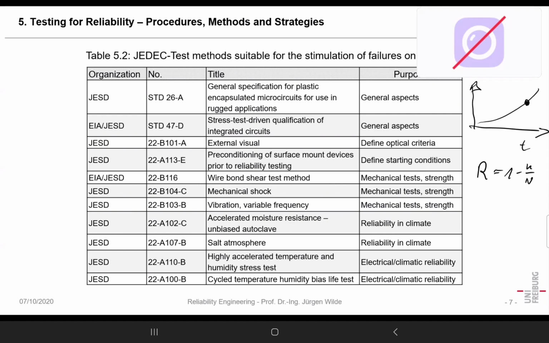So as a replacement for a reliability test we cannot perform, or as a preliminary test before a reliability test, we test for certain strengths. It is similar when we look for vibration.